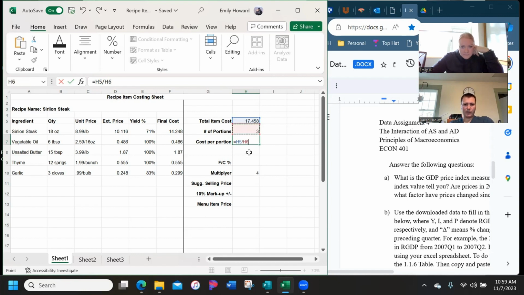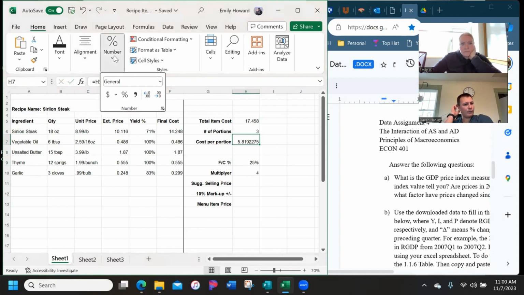Yep, and then hit enter. Then your food cost percent, I believe, is 25%. You can type that in. Do I want this to be only 2 decimals? You can put it down to 3.